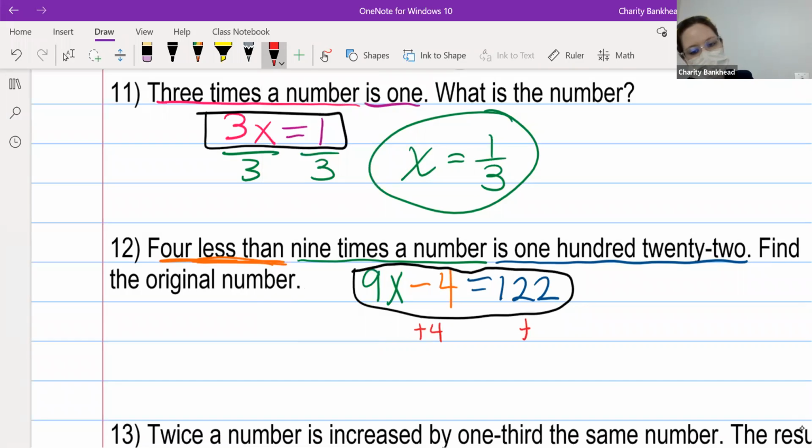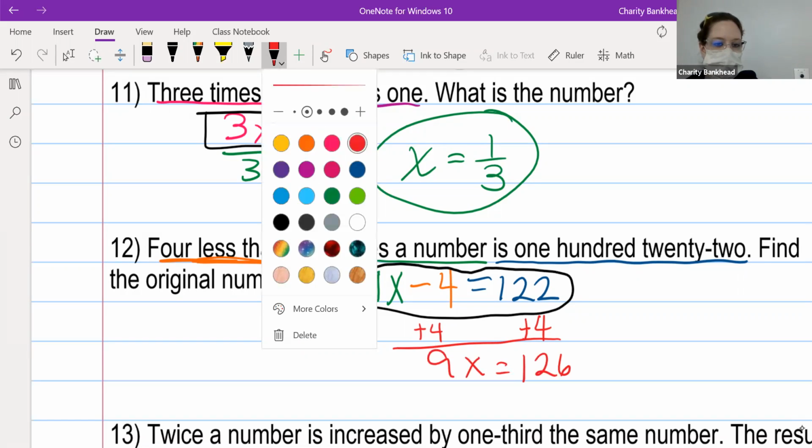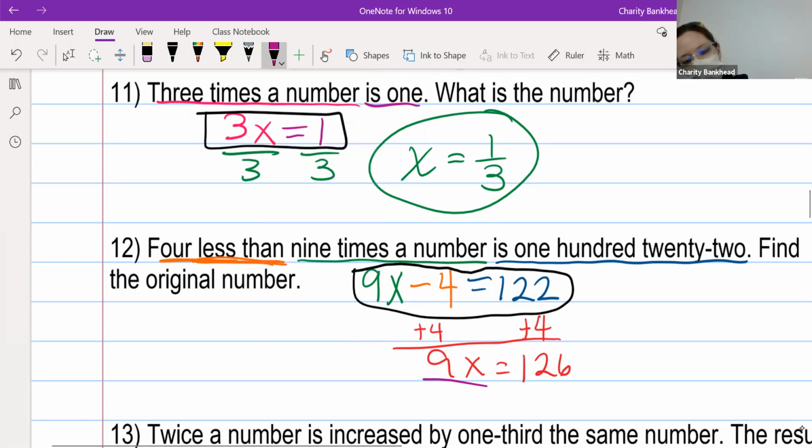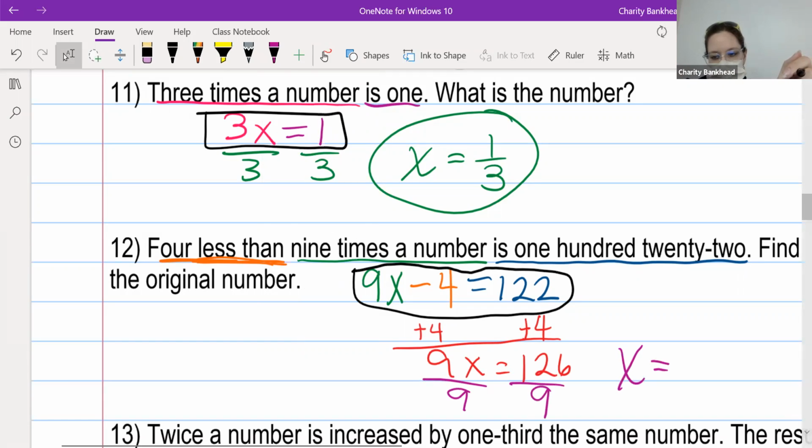So that would give us 9x equals 126. And then we have to divide both sides by 9. And that'll give us x equals 4.